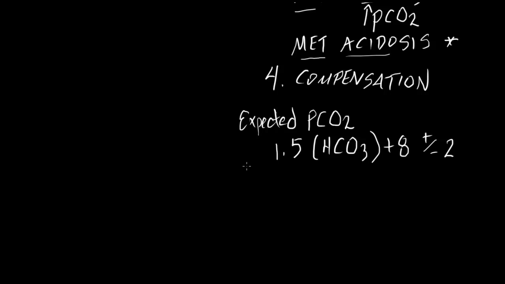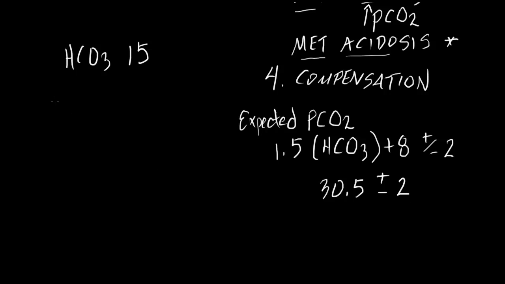However, we'll use the Winter's formula so often that you probably will remember it. So if we calculate 1.5 times the bicarb, and remember in this particular case, the bicarb is 15, our expected PCO2 then will be 30.5 plus or minus 2.